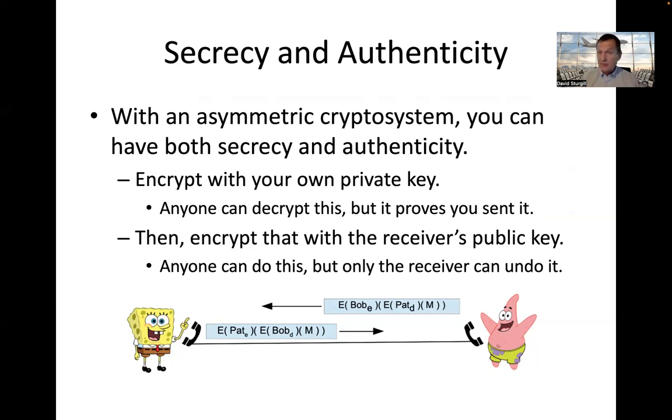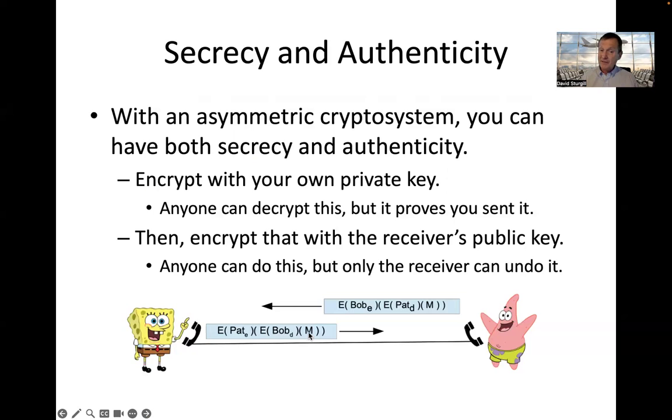It doesn't demonstrate that it came from the person who claims to have sent it, but if we've got key pairs for everyone, we can have both of these things at the same time just by encrypting a message so that only the receiver can read it. So for my picture, only Patrick can read it, and only Bob could have sent it. And that's what I'm showing here, at least for the arrow going in this direction.